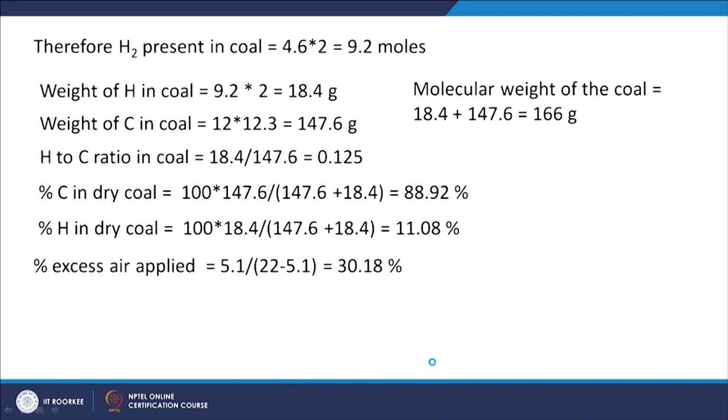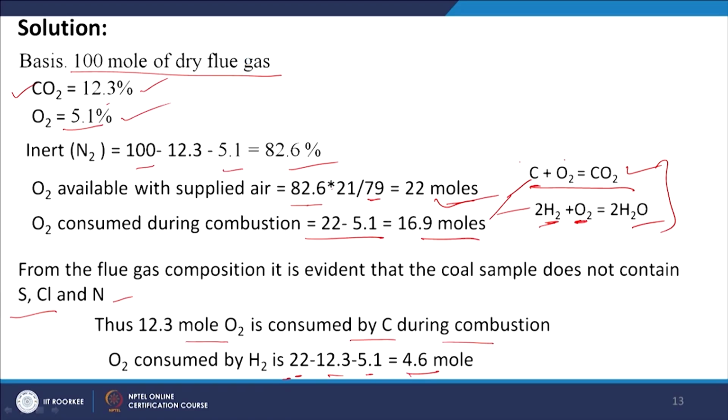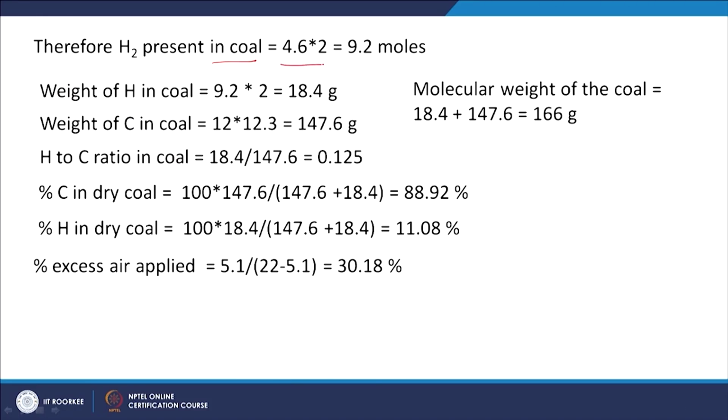Now, hydrogen present in coal equals how much? Because 1 mole of oxygen is consumed by 2 moles of hydrogen, 9.2 moles. Weight of hydrogen in coal equals 9.2 into 2, the molecular weight of hydrogen, so 18.4 grams. Weight of carbon in coal equals 12 into 12.3 moles, that is 147.6 grams.